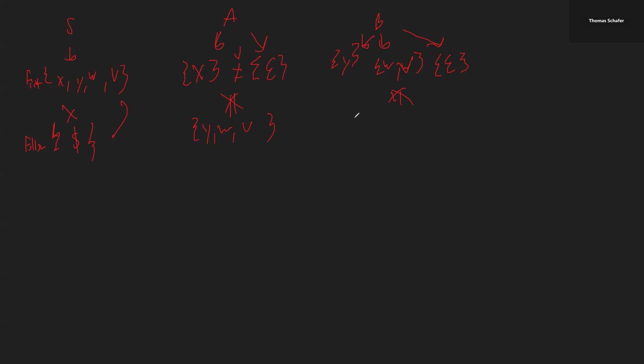We look at the follow set of B and we have W, V, Z. So this is a problem. We have some overlap here. I guess I can change colors for that. We have WV as overlap.